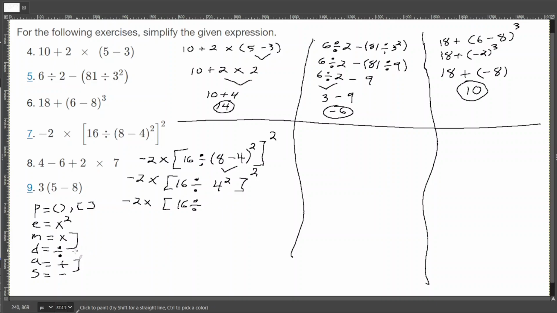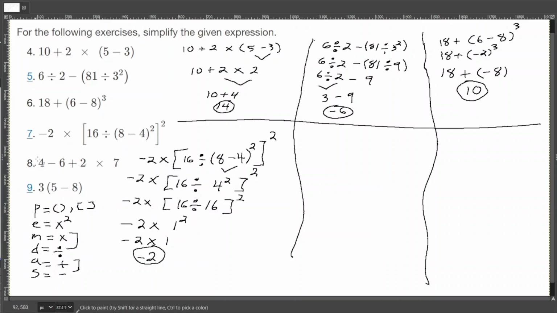So exponent before division. So that's 16 divided by 16. Everything's squared. So now I still can't do anything with the -2 because there's this bracket. 16 divided by 16 is 1 squared. So now we have -2 times 1 because 1 squared is just 1 times 1, right? So at the end of the day, -2.